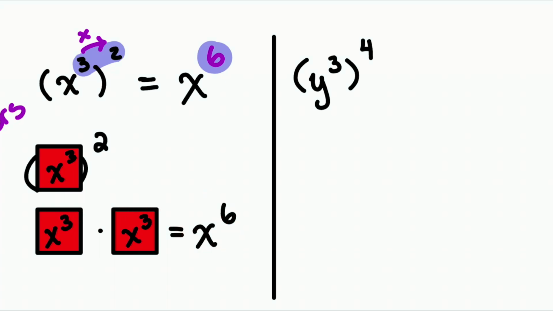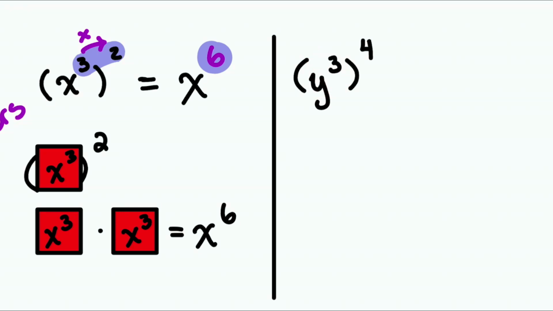Let me show you a little better right over here. We have x to the power of 3 all to the power of 4. I'll do the same thing. Everybody, this 4 right here on the outside tells us we're going to multiply whatever this is by itself how many times? Yeah, 4 times.